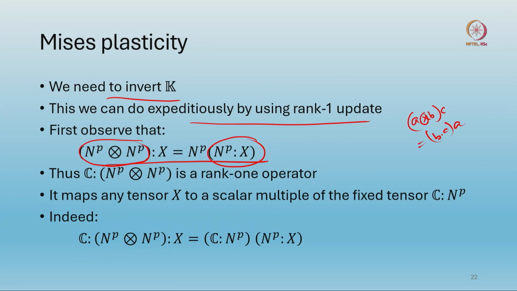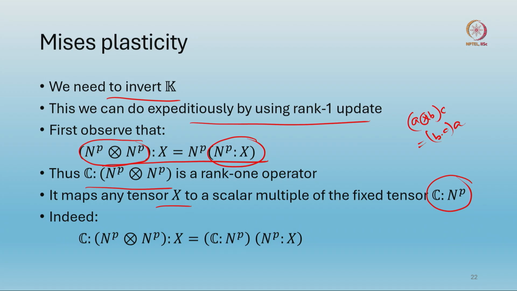So essentially we see that this whole quantity is something like a rank 1 operator, okay, in the sense that if you apply this to any tensor x, then it maps that tensor to a scalar multiple of the fixed tensor, this elasticity matrix inner product NP. That is it. Okay. You understand that, right.